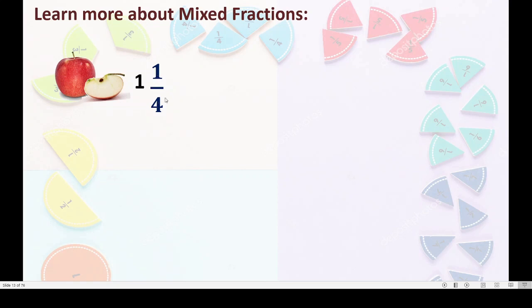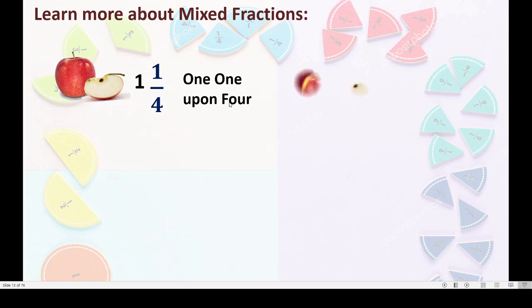Already we have learned about this quarter part. We write using 1/4. How to read this? We have to read using the earlier style, that is 1/4, but we have to add this 1. How to read?